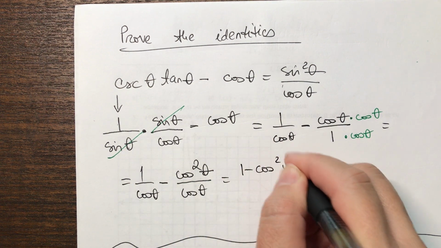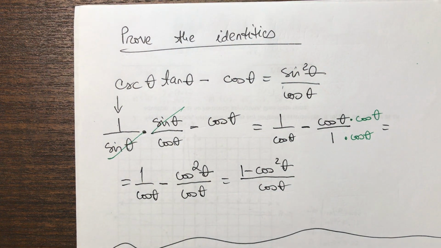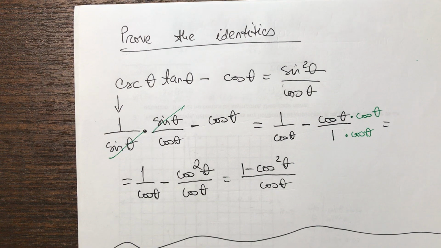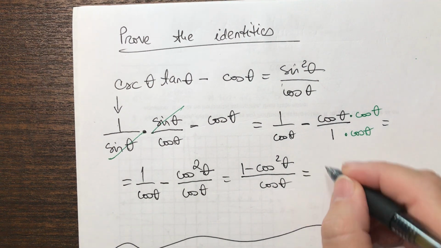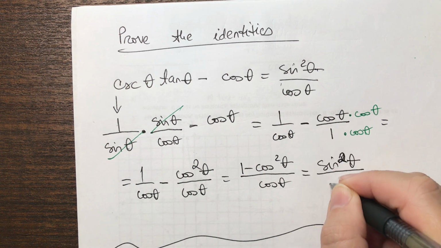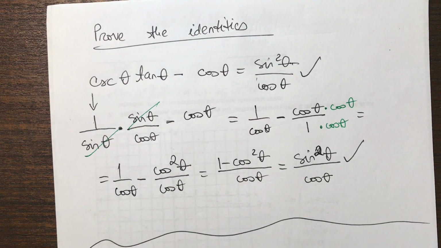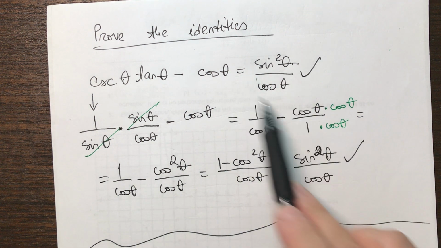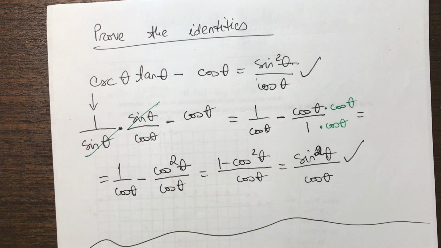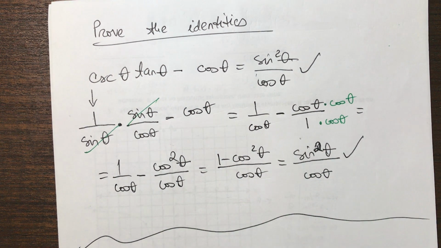And this might remind you of a problem we did on the previous page, where we turned 1 minus sine squared into cosine squared. And now what's 1 minus cosine squared? It's sine squared theta. Also, because we are giving you the answer, keep in mind what format you want to get to. So you have to keep on simplifying until you make it look like this one fraction with a cosine for its denominator. So again, as you see, a little bit of algebra, a little bit of trig every single time.